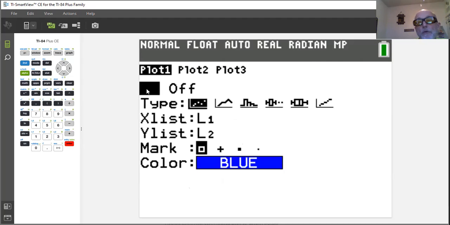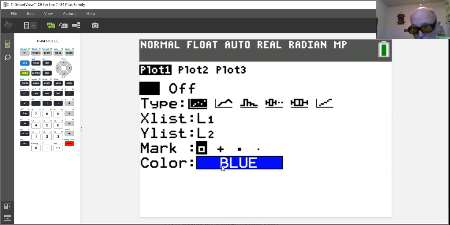So what does this do for you? It's going to draw a graph. It's going to draw a dotted line graph. We could have solid lines, a bar graph, or a box and whiskers. Right now we just want the dotted line, and in order to do that, we need the X numbers in list 1 and the Y numbers in list 2.